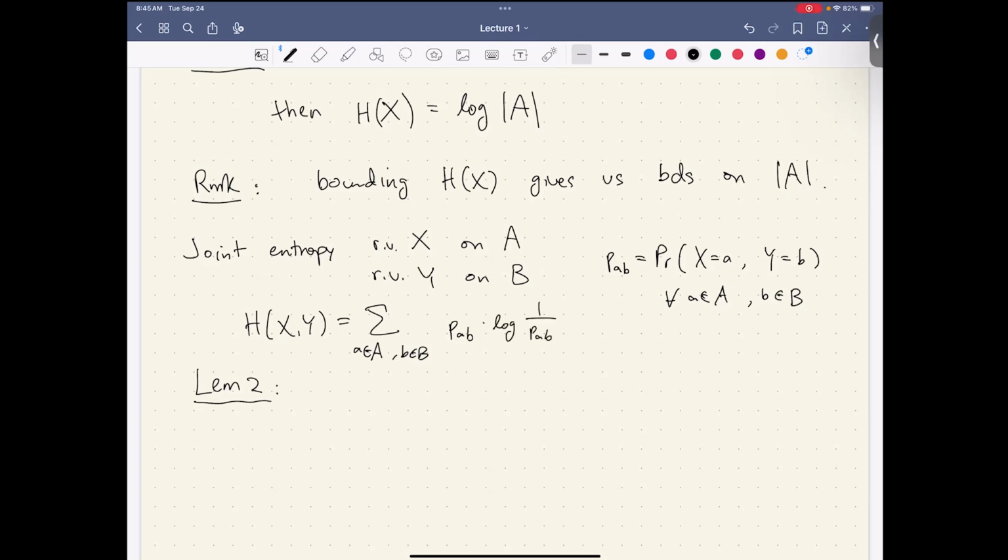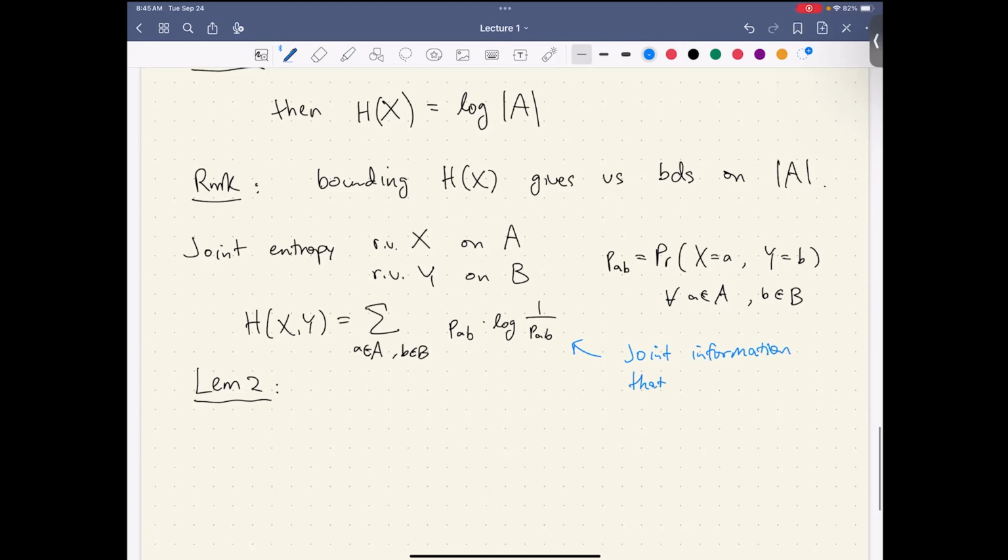It's very similar. We can again think of this as the joint information that X and Y together carry.